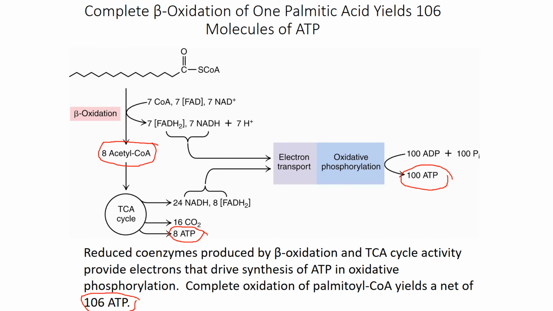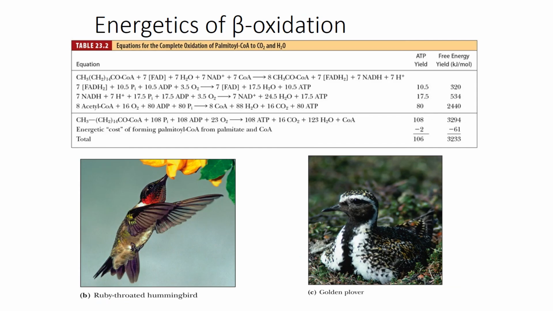This concludes our discussion of catabolism. Now we're going to move on to fatty acid synthesis. Oh, sorry, there's one more. Excuse me. So this is just a table that accentuates the free energy that is obtained, as well as the yield of ATP.